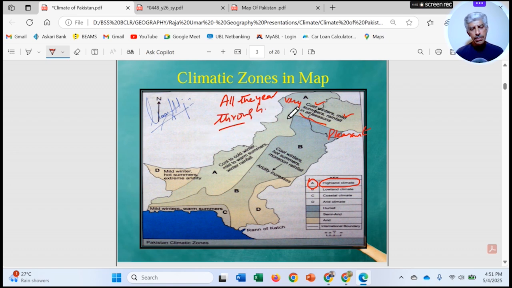So in region A it rains right from here throughout the year.